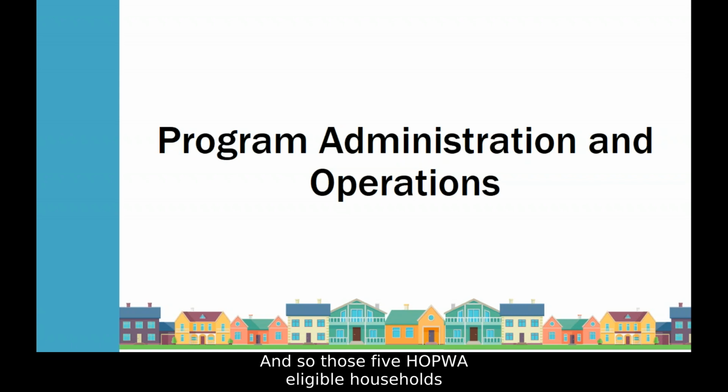Those 5 HOPWA-eligible households are scattered within that project-based facility and living among folks who are not getting the subsidy. That's a really good way that people can integrate the project-based, secure those units for the long term, but still give people the opportunity to enjoy anonymity and maintain their confidentiality.